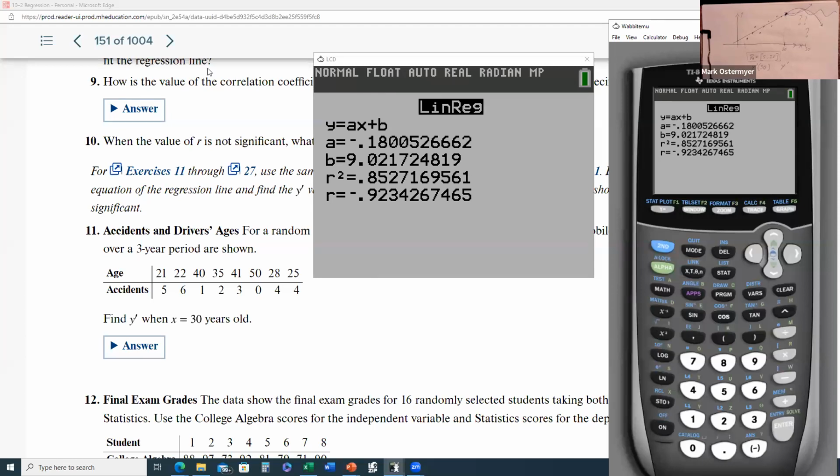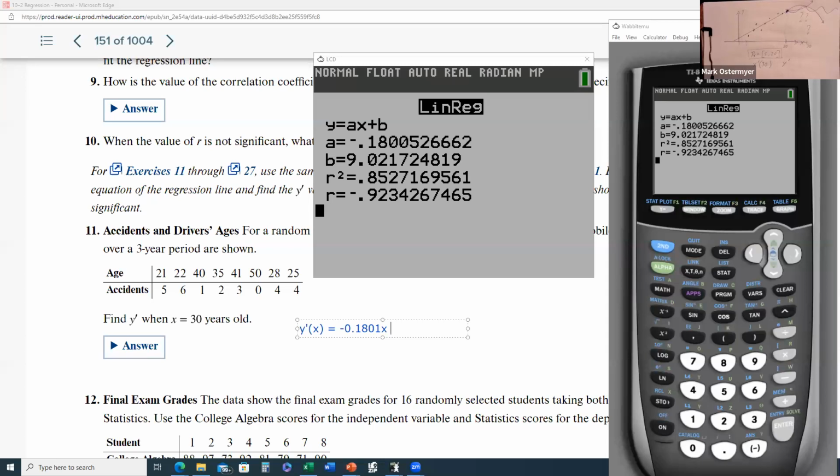So your linear regression equation, this is your prediction equation, is going to be Y prime of X, equal to a linear equation, the slope of which is going to be negative 0.1801 X. I'll round off to the ten thousandths place, 4 decimal places.